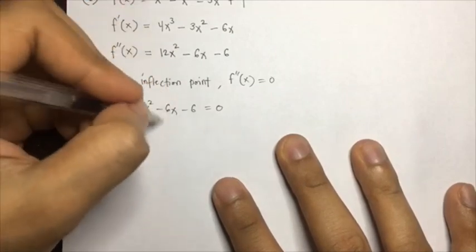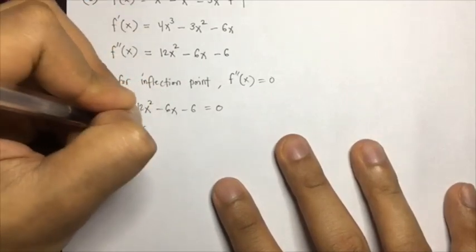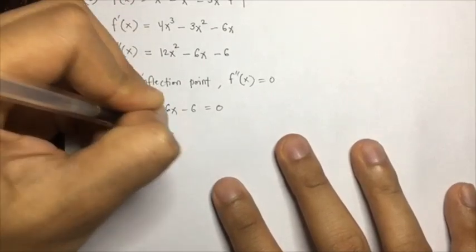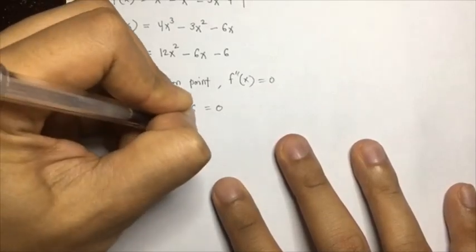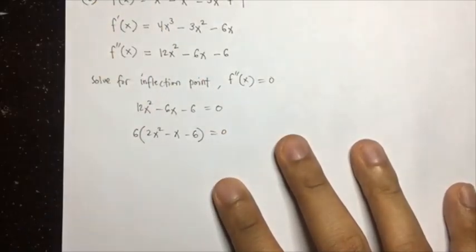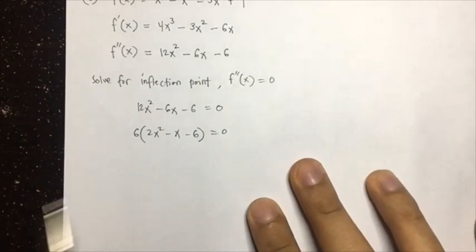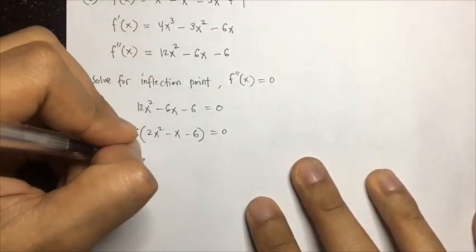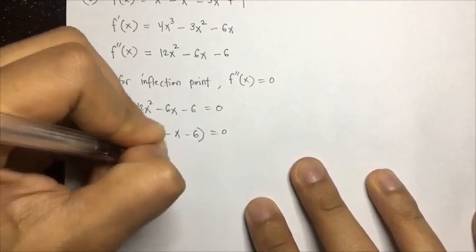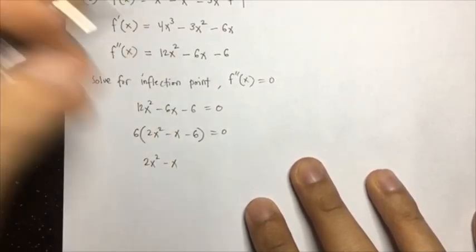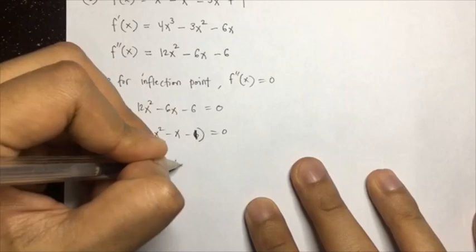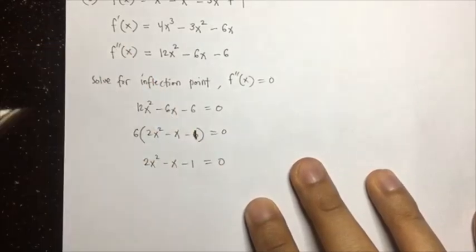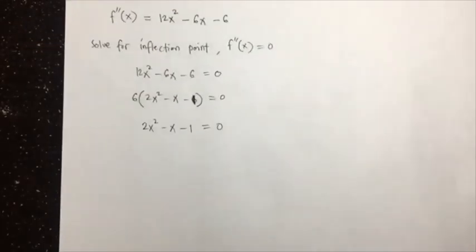What will remain inside is 2x squared minus x minus 1 is equal to 0. We can eliminate 6 by dividing both sides of the equation by 6. So what will remain is 2x squared minus x minus 1 is equal to 0.